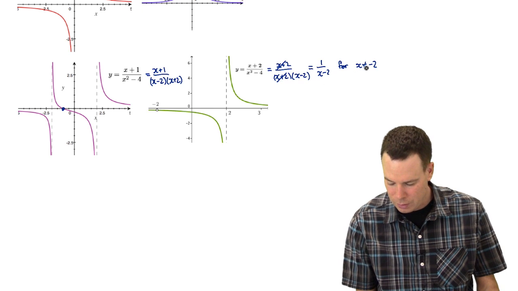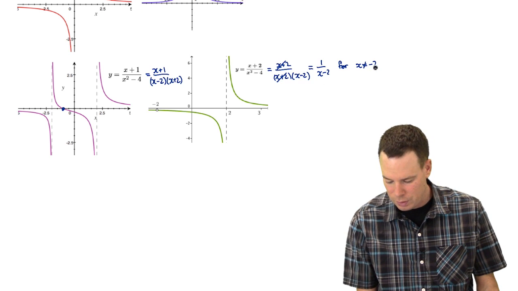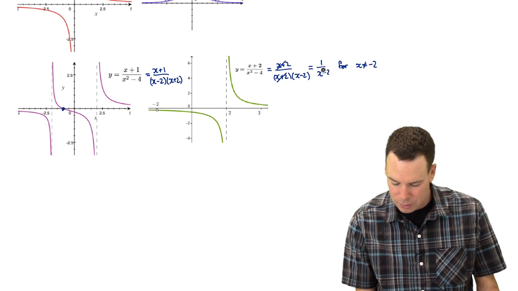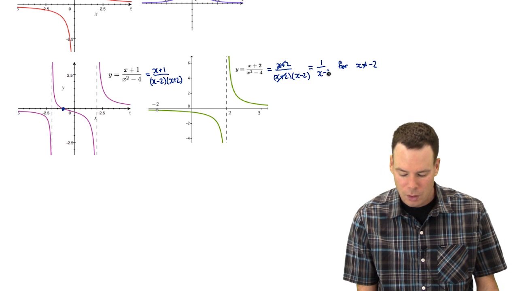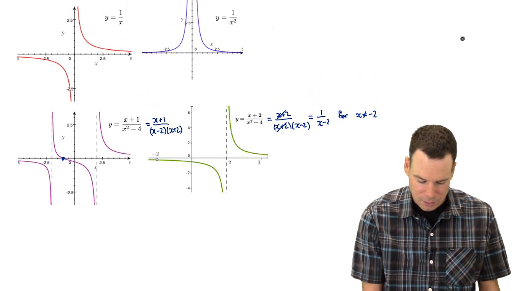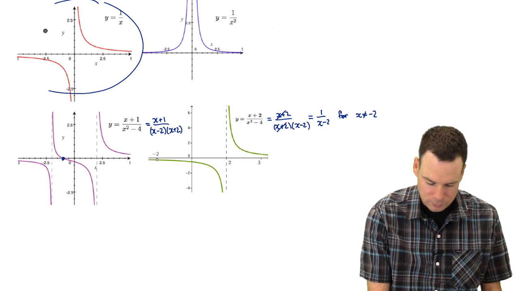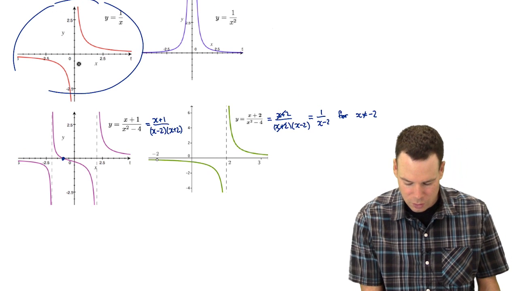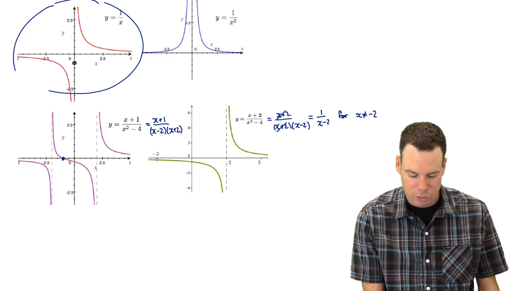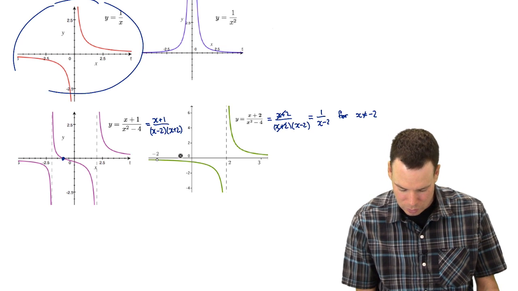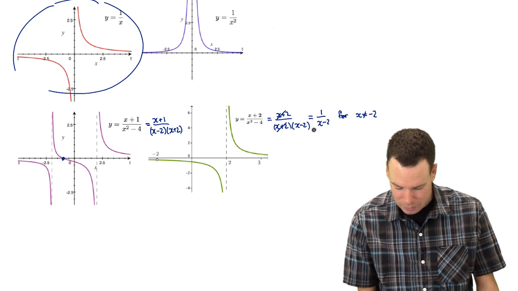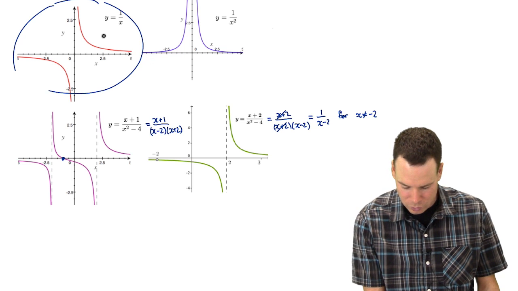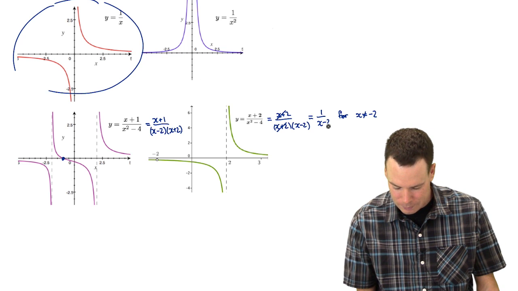So I can reduce it. I can write it in this way, just as long as I make sure I tell you for x not equal to -2. Now it looks like the function 1 over x minus 2, which is essentially this one here, shifted to the right 2 units. We'll talk about shifting and transformations in the next section, but just a quick reminder that this is the first one shifted to the right 2 units.